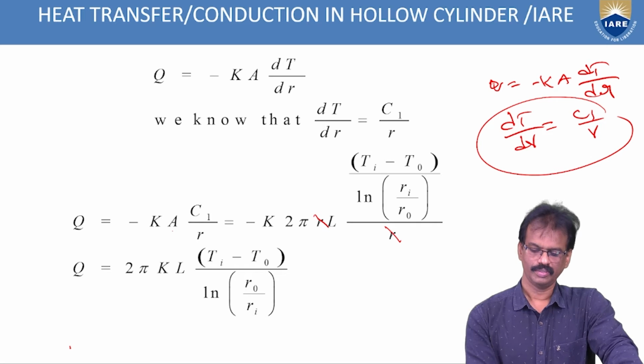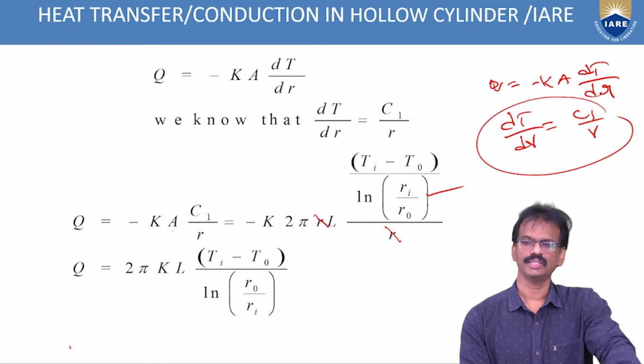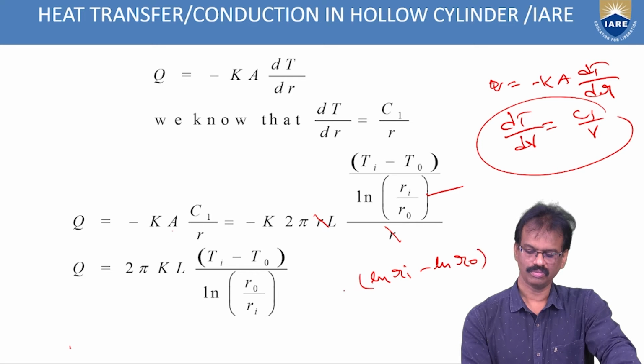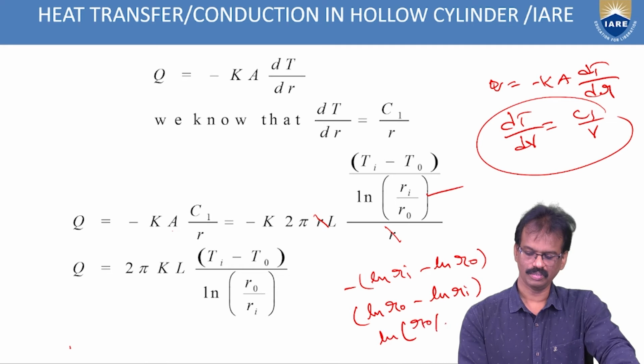And the temperature difference, Ti minus T naught. Here the minus is there, so we can interchange this. The formula has ln Ri by R naught. You know that ln Ri by R naught means ln Ri minus ln R naught. If you consider the minus, it becomes ln R naught minus ln Ri, and by the log rule, log A minus log B is log A by B, so ln R naught by Ri.